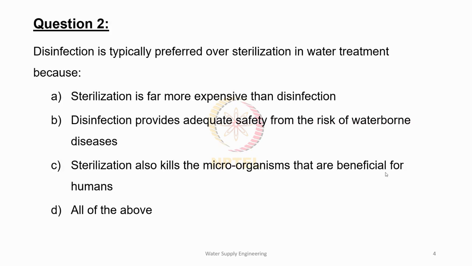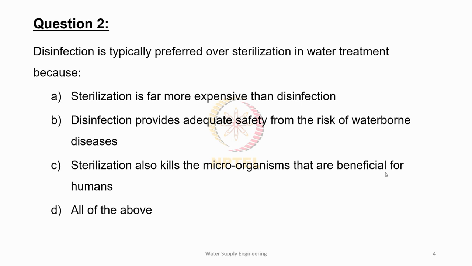Now, coming to question number 2. Disinfection is typically preferred over sterilization in water treatment because option A, sterilization is far more expensive than disinfection. Option B, disinfection provides adequate safety from the risk of waterborne diseases. Option C, sterilization also kills the microorganisms that are beneficial for humans.